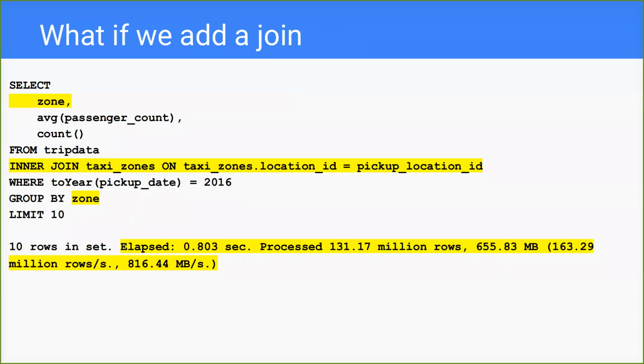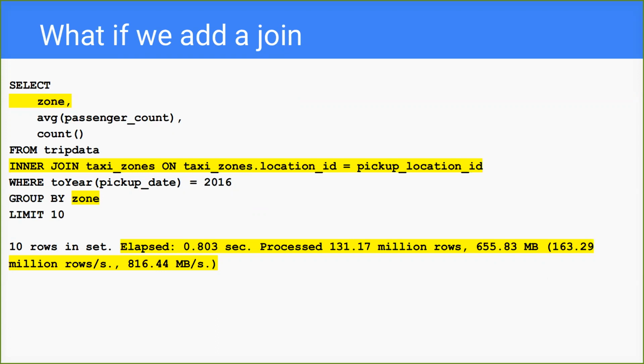So now we can add a join. So we were making this faster by putting a filter on it, but by grouping and now joining, we're beginning to force ourselves to scan more data. And as a result, the time goes up, as you would expect, because there's more work to be done here.